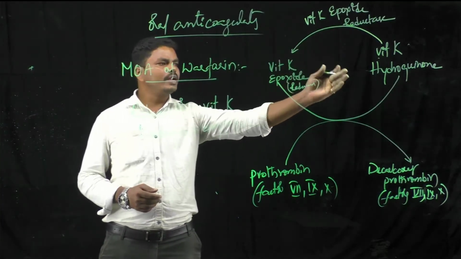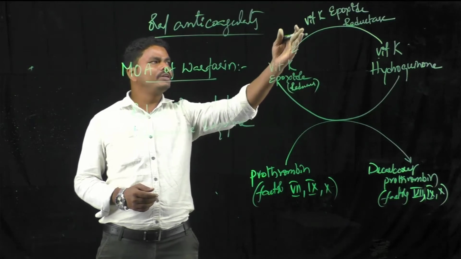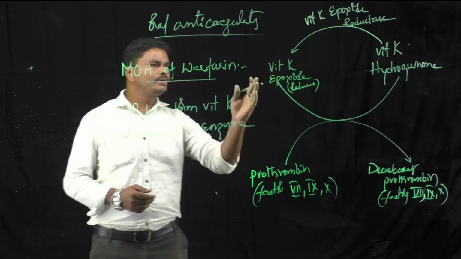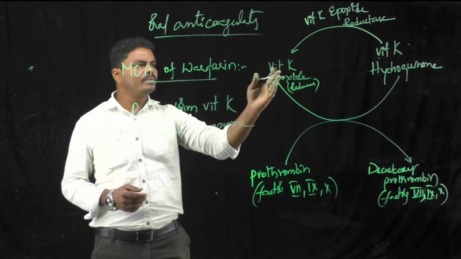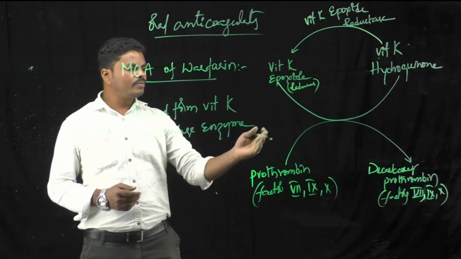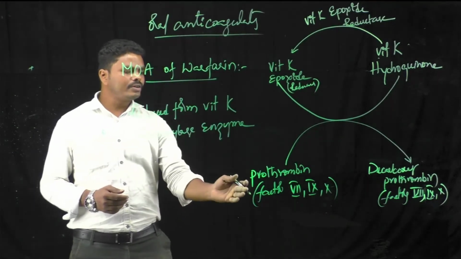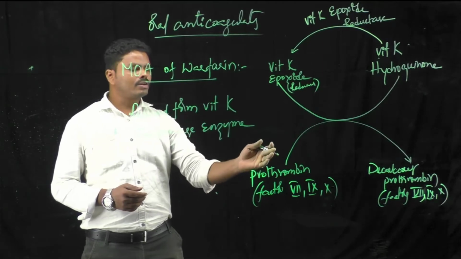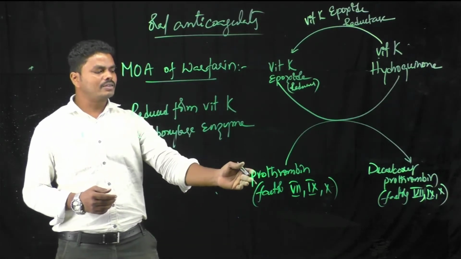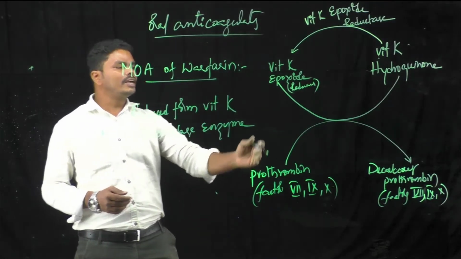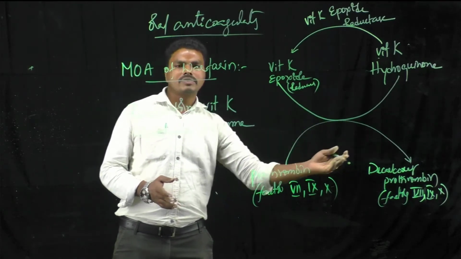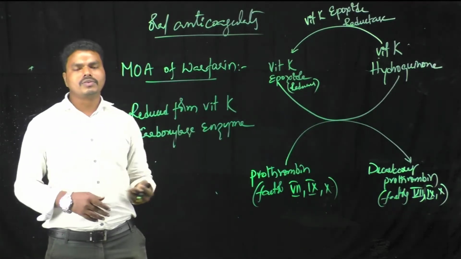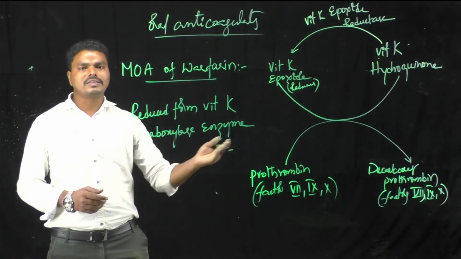Vitamin K gets reduced by the action of vitamin K epoxide reductase. With the presence of the reduced form of vitamin K and carboxylase enzyme, the inactivated clotting factors like prothrombin and factors 7, 9, 10 get activated, and the activated factors are actively involved in the coagulation cascade.